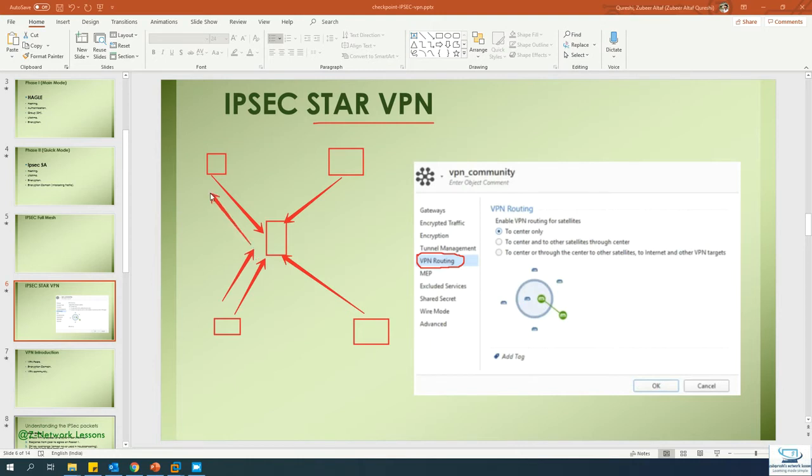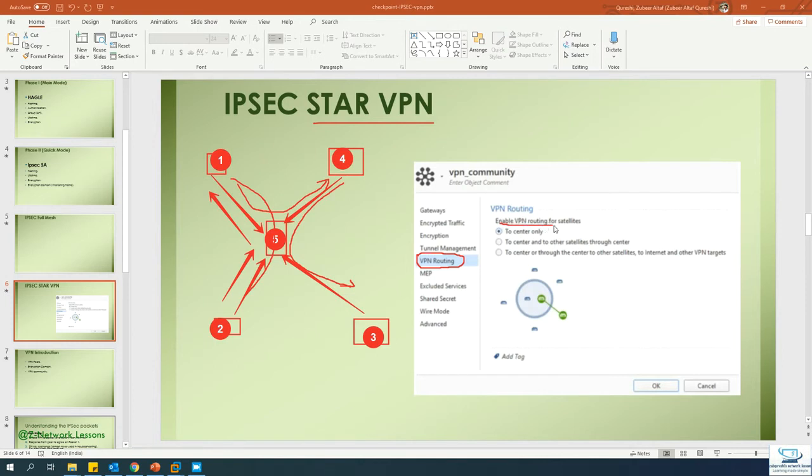So site 1 will be able to talk to site 2, but it has to go through site 5, that is your hub. Everybody has to talk through the hub. That is your star VPN, and star VPN has different options also.